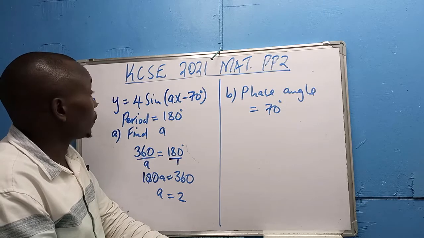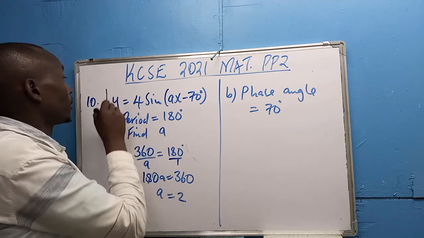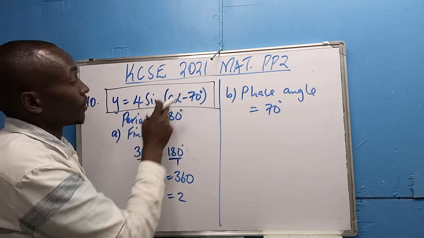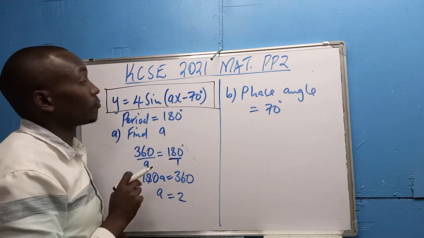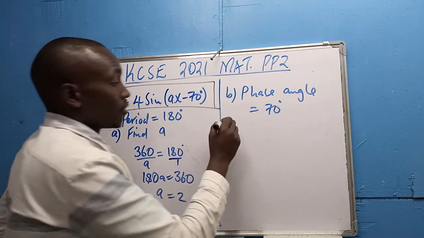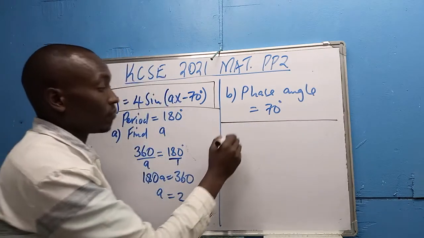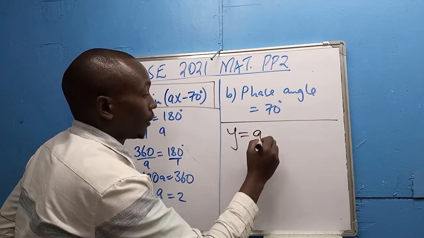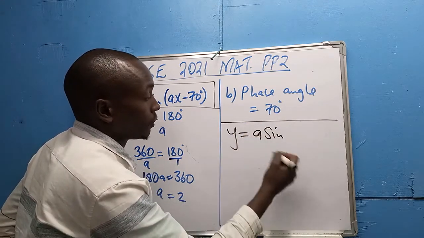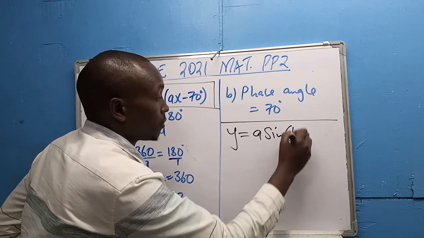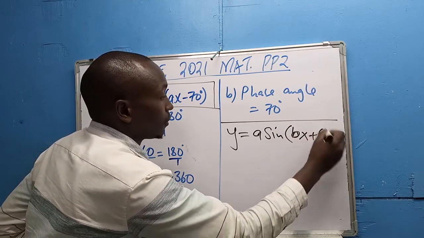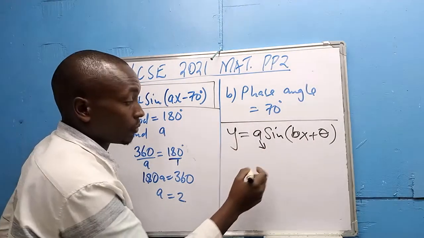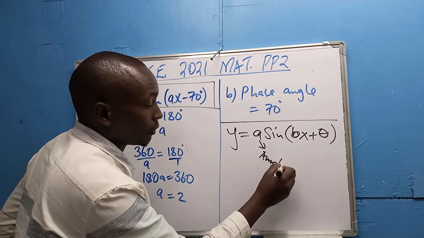Question number 10, you're given this trigonometric function that y is 4 sine into bracket ax minus 70. Even before we proceed, if I'm given a trigonometric function, maybe sine or cos, with a and b maybe bx plus theta, a always represents what we call the amplitude.